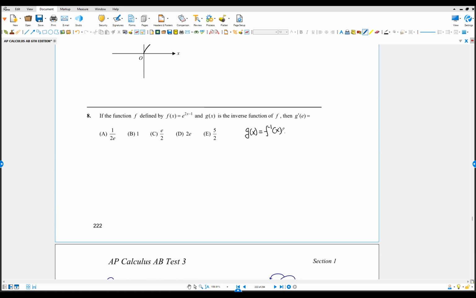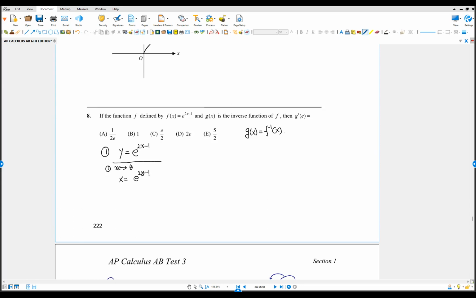So maybe we can find the inverse. You don't have to solve it this way, but we can find the inverse anyway. To find the inverse of f of x, take y equals e to the 2x minus 1, and then switch x and y. Step 1 is to switch x and y, so x equals e to the 2y minus 1.